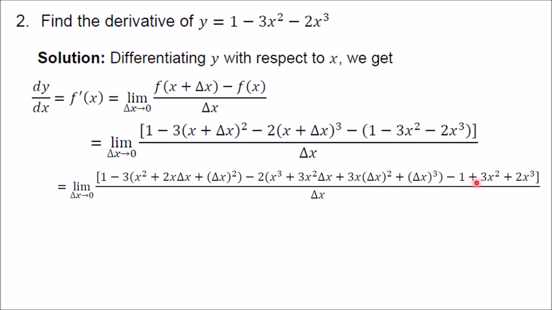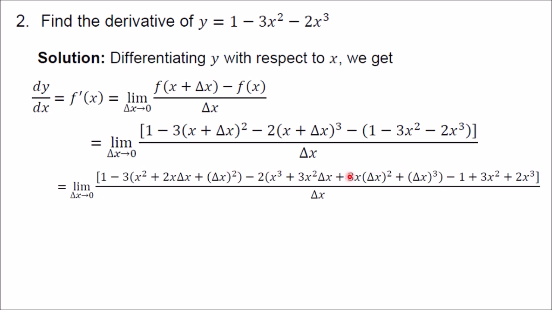Minus negative 1 plus 3x squared plus 2x cubed all over delta x. So we will evaluate the limit of this as delta x approaches 0. We'll simplify again further. Etong 3 dito, i-distribute natin sa loob, i-multiply natin 3 times x squared, 3 times 2x delta x, 3 times delta x squared.